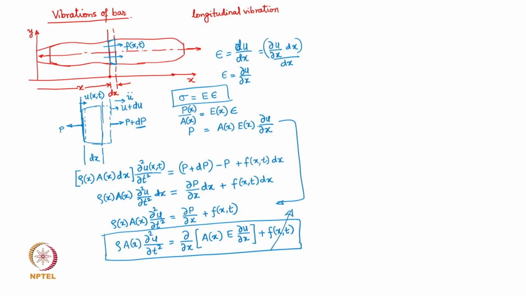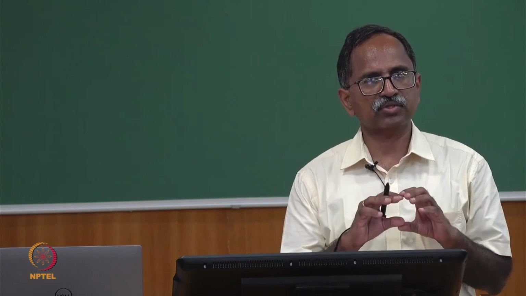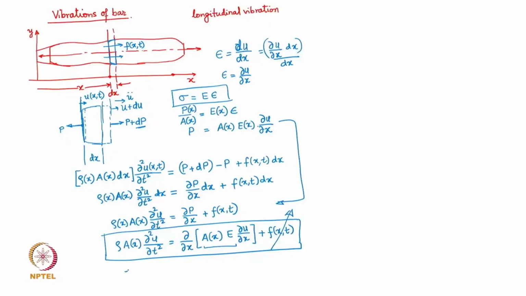If I drop the external forcing term and assume that properties like area and the Young's modulus are not dependent on the x variable, so we are now looking at a simplified geometry, a constant cross section bar throughout, then I can write this as rho A ∂²u/∂t² equal to A E. If A is continuously changing, then I cannot take A out, and then the equation becomes a little complex, and we will have to have a different method of solution. Then this is going to be ∂²u/∂x².